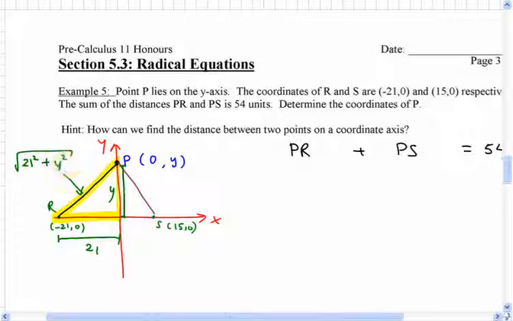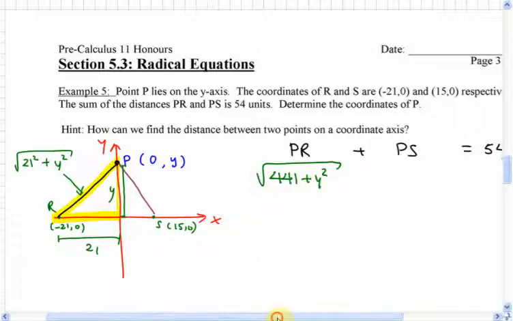It's just the square root of 21 squared, that's 441, plus y squared. Now take the next 15 seconds on your own to try to come up with the formula for PS, please. It's very similar. Try PS on your own.